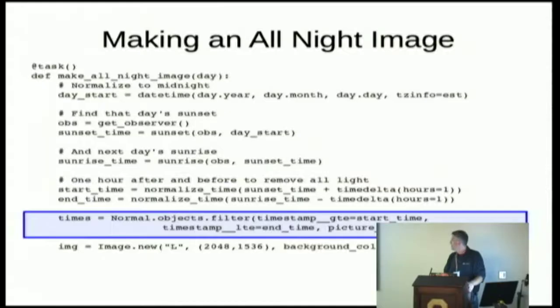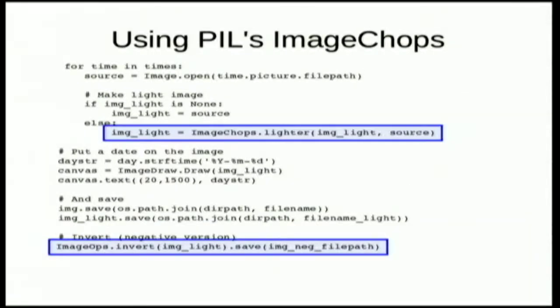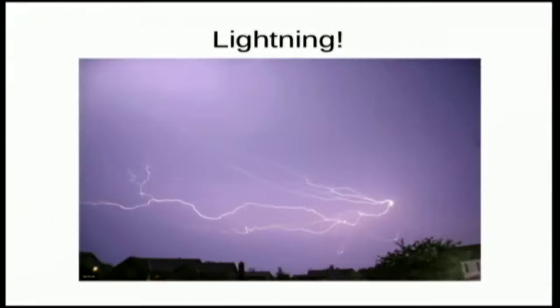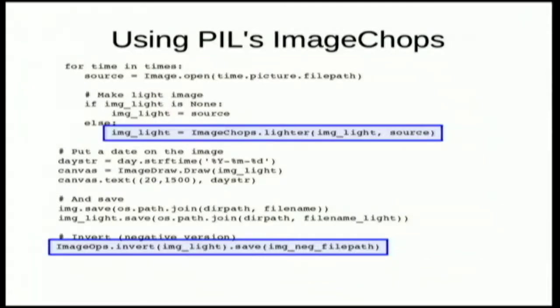And there's my Django ORM call to get those images. And then I call ImageChops lighter, which gets me the lighter of two images, and I just iterate over all the images. I can also invert that, because at night you're going to have this dark image with little white pixels, and it's actually easier for the eye to see mostly white with dark things that are interesting.